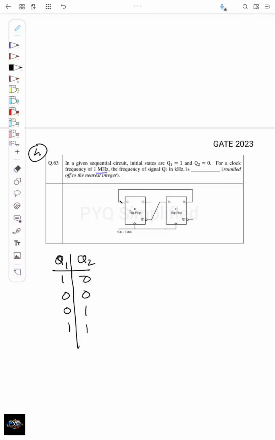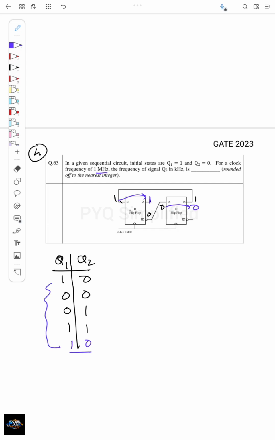Now the output is 1 1, and here it is 1, here it is 0, and in the next rising edge, this 0 will come here, this 1 will come here. So here it will be 1 0.